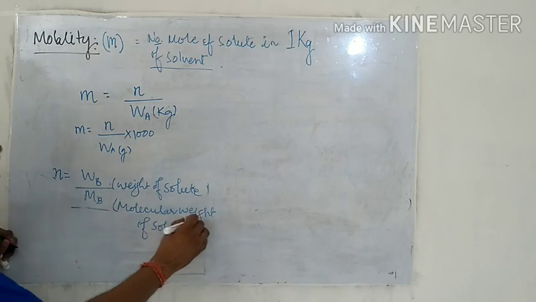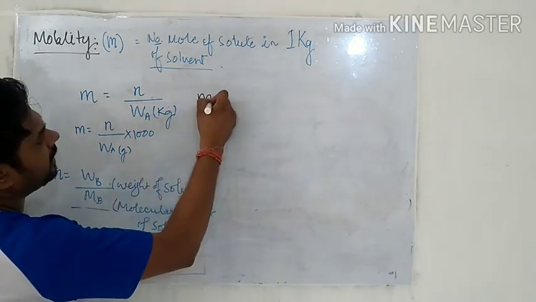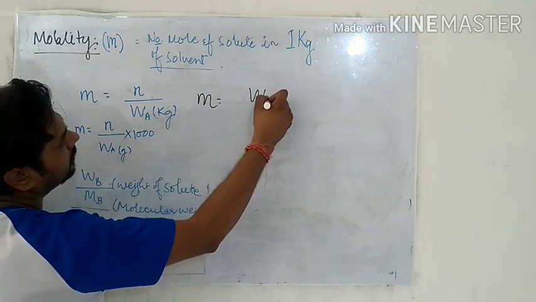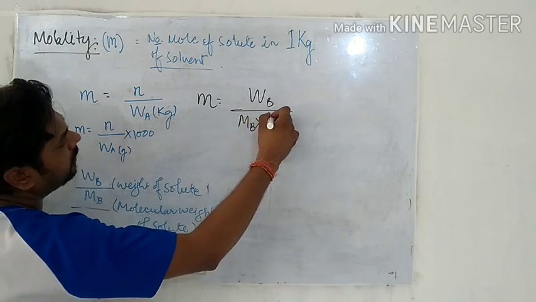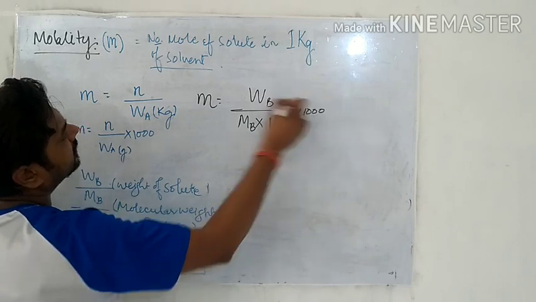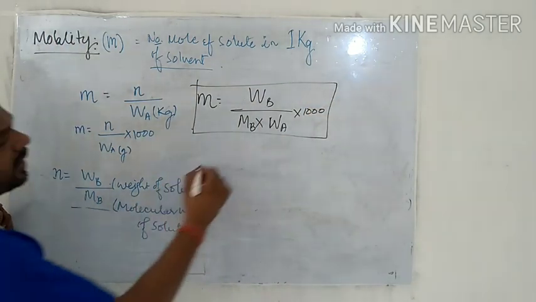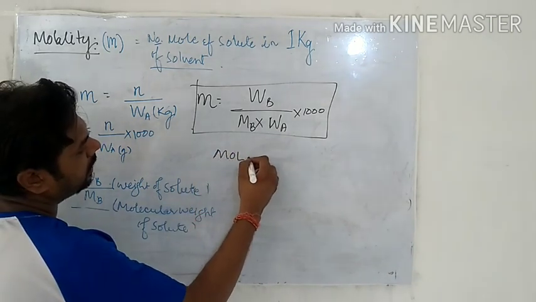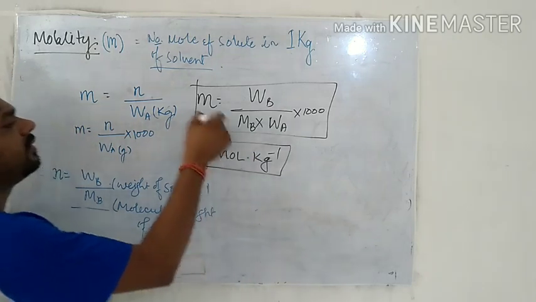So now we have the formula: molality is equal to WB upon MB into WA multiplied by 1000. That is the formula of molality, and the unit is mole into kilogram inverse. It means mole per kilogram, that is the unit.